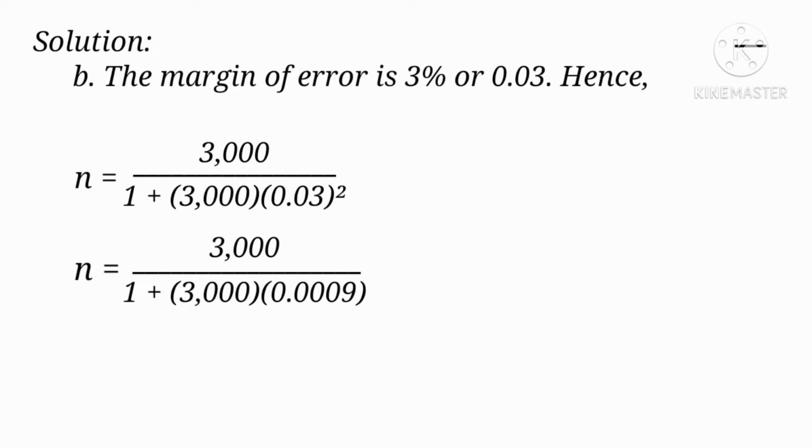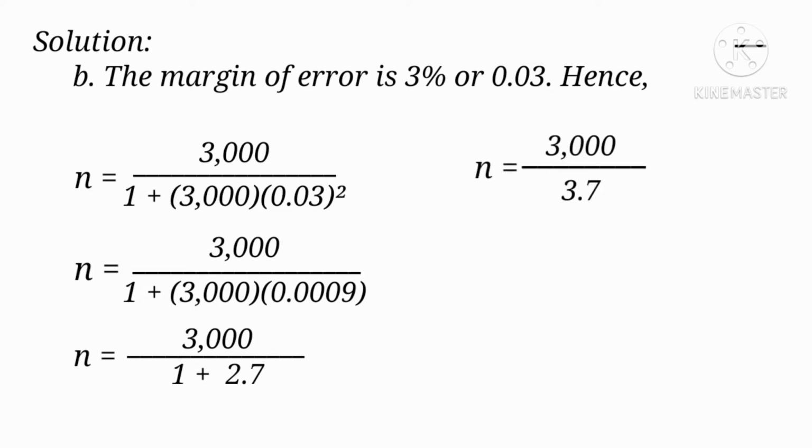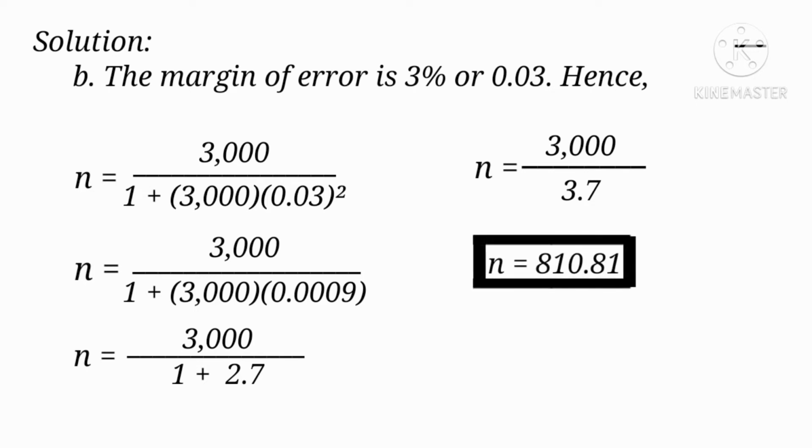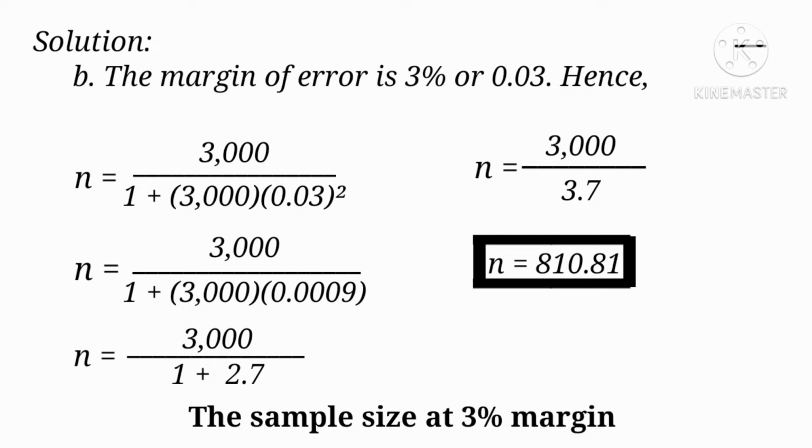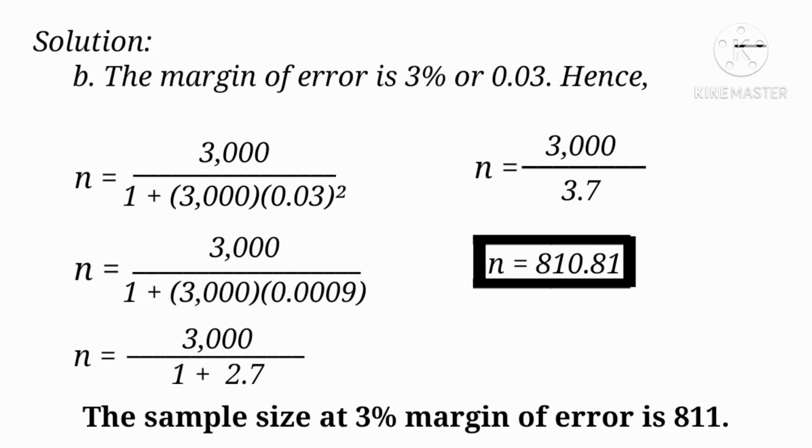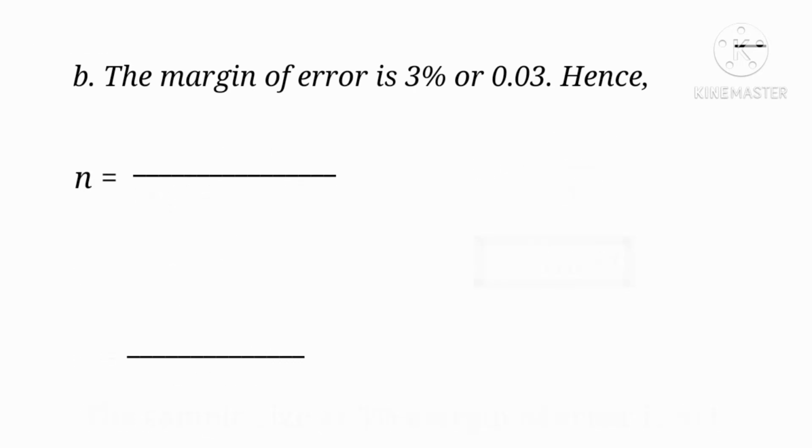So we'll have 3,000 over 1 plus 3,000 times 0.0009, and we'll get 3,000 over 1 plus 2.7. So n is equal to 3,000 over 3.7, and the answer is n is equal to 810.81. Therefore, the sample size at 3% margin of error is 811.